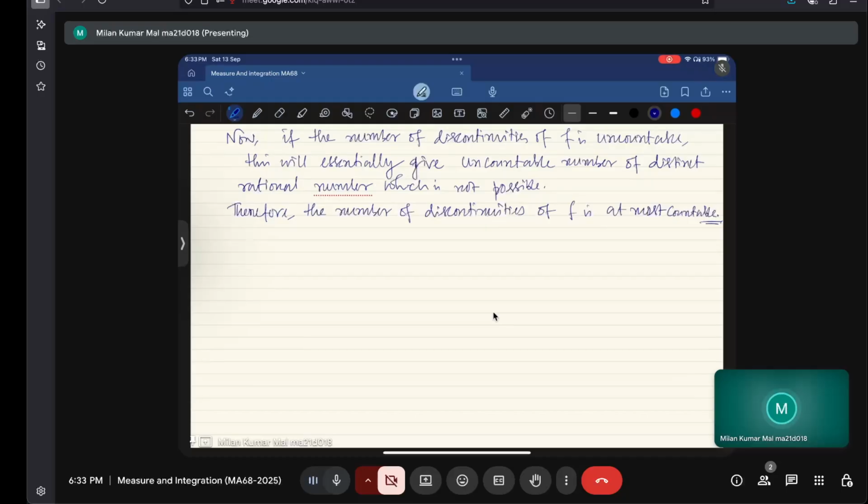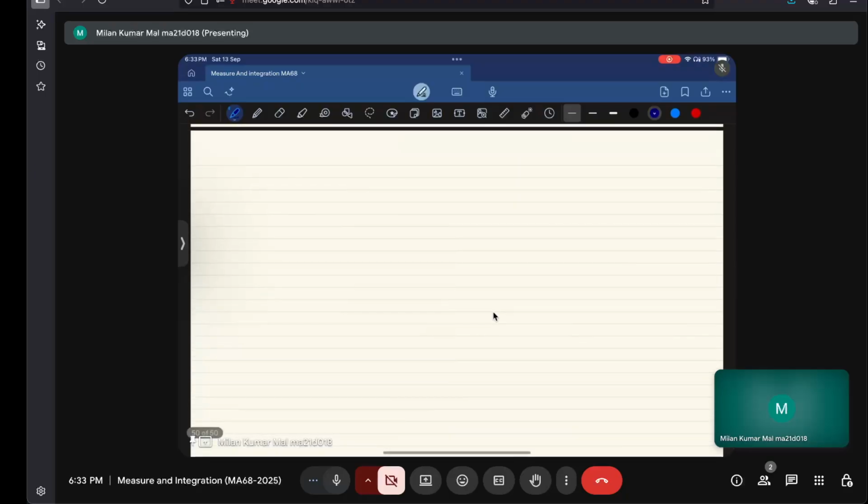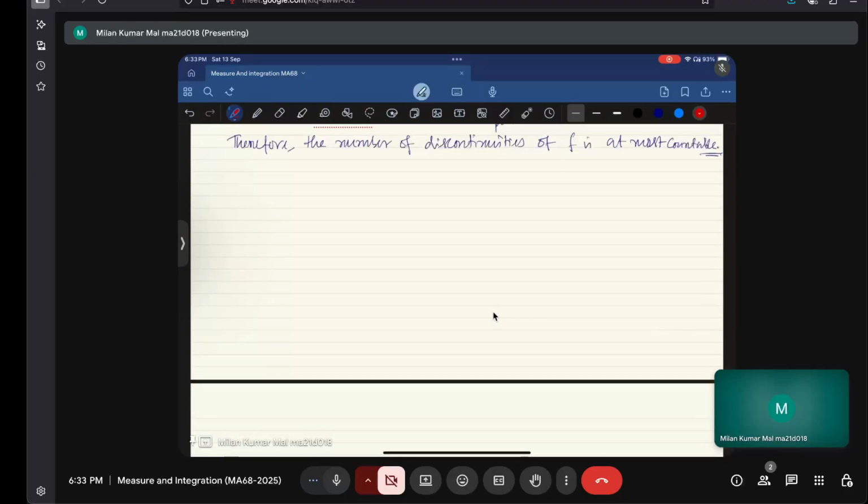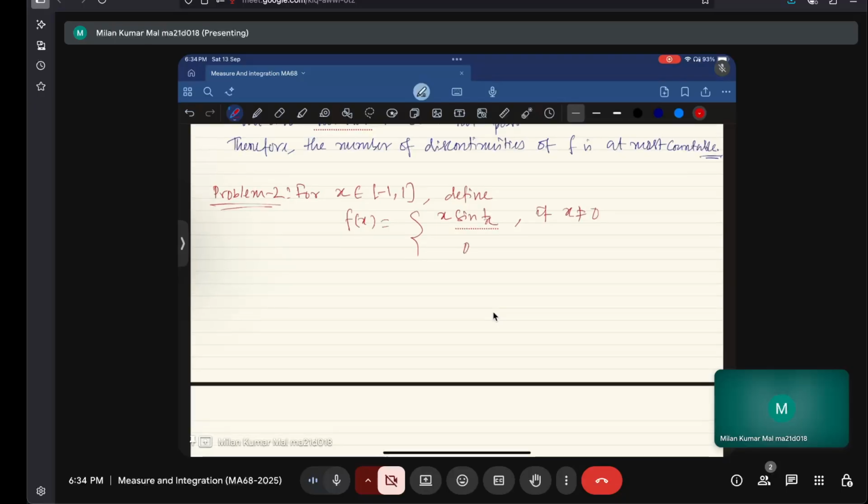So let's do another problem. Problem 2. For x belonging to minus 1 to 1, define f of x equals x sin 1 by x if x is not equal to 0, and 0 if x is equal to 0.